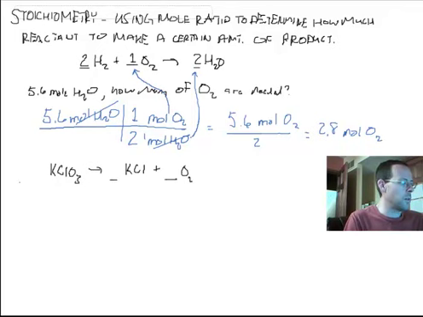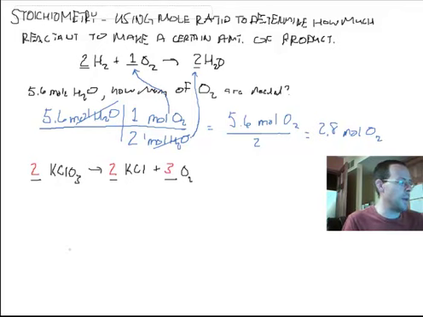So we're going to put our lines out front. Notice K is balanced, Cl is balanced, O's are not. So in order to balance those, we need, at least common multiple, a 2 in front of KClO3, and a 2 in front of KCl, and a 3 in front of oxygen.